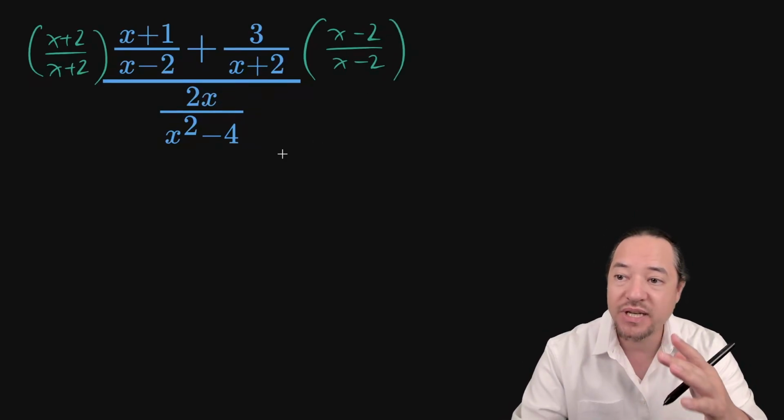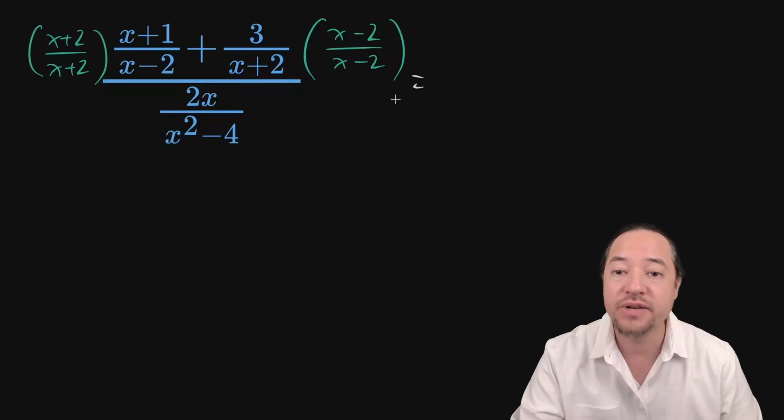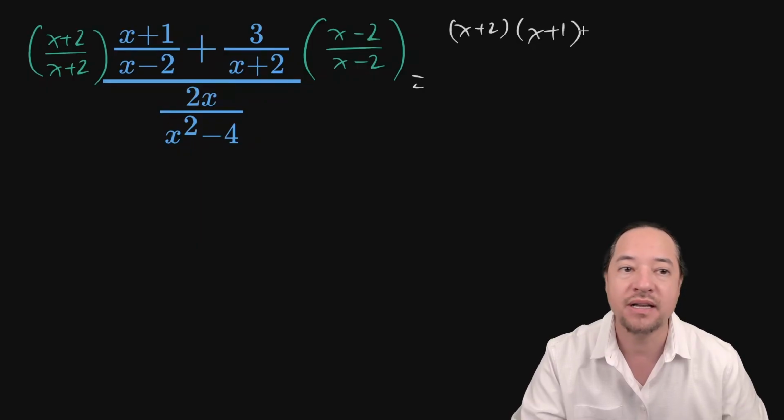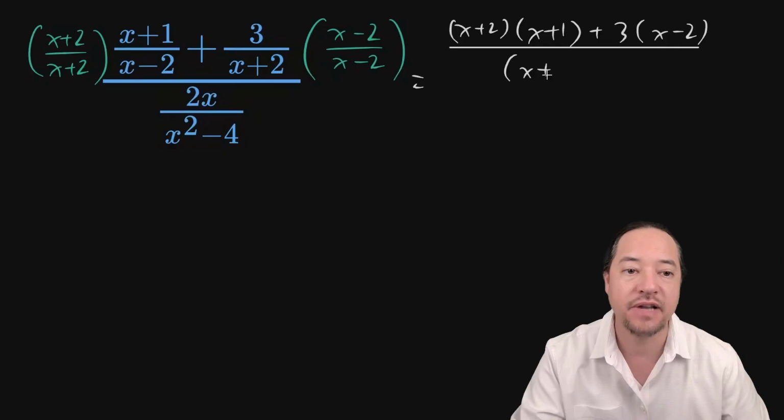Okay, so once we do that, we can rewrite this entire numerator here. This will be an x plus 2 times an x plus 1 plus a 3 times an x minus 2 all over our common denominator of x plus 2 times x minus 2.